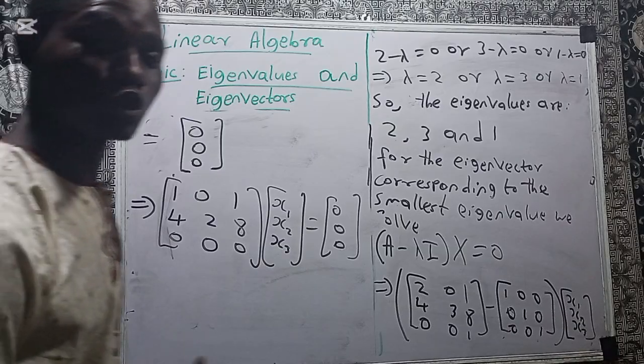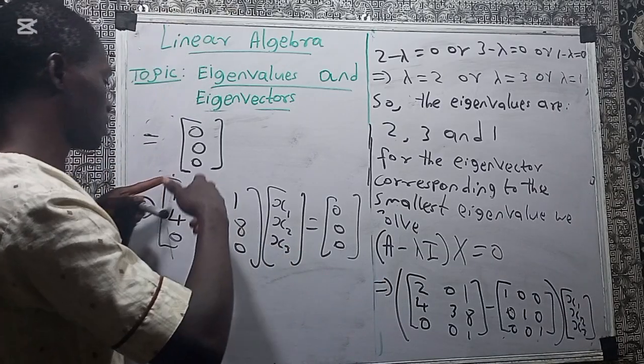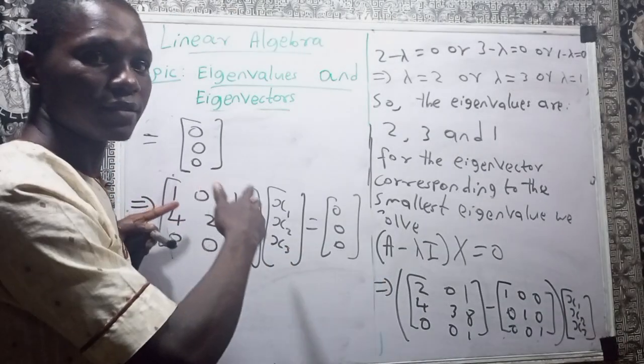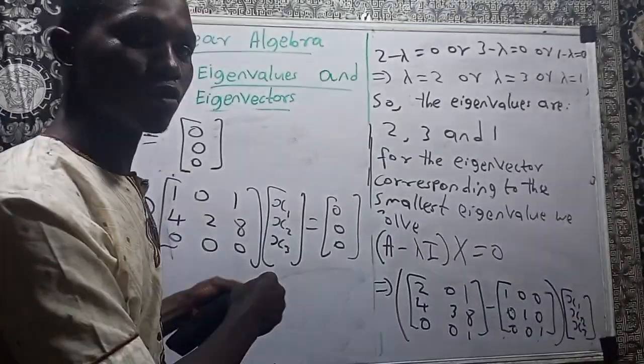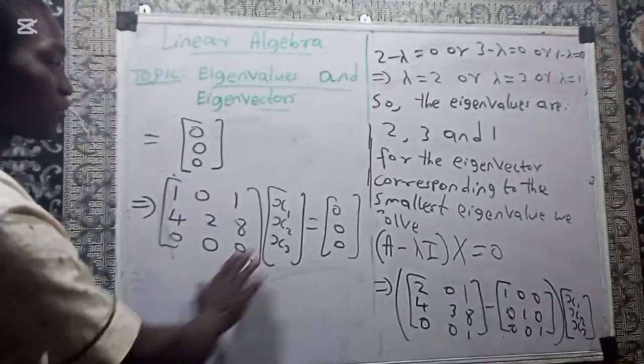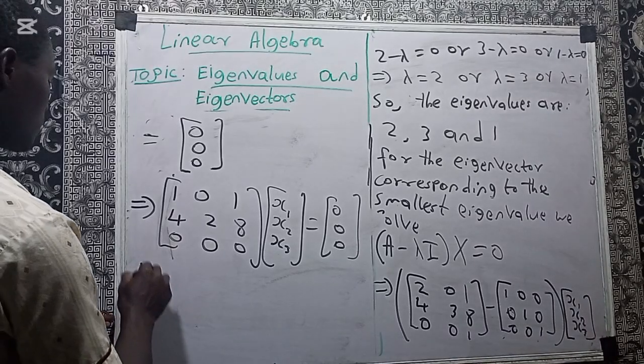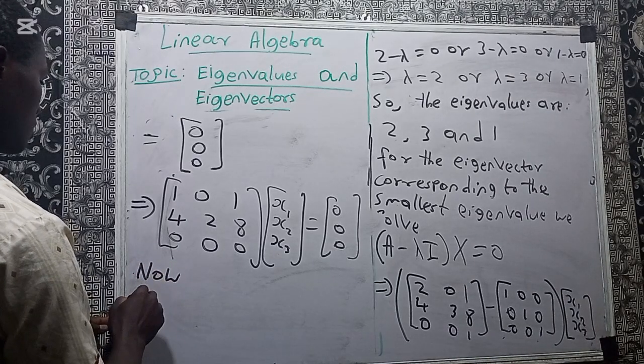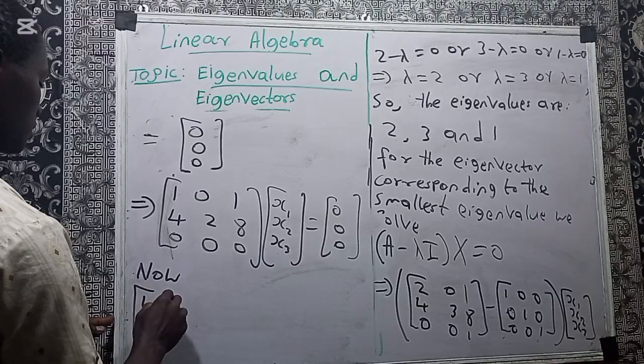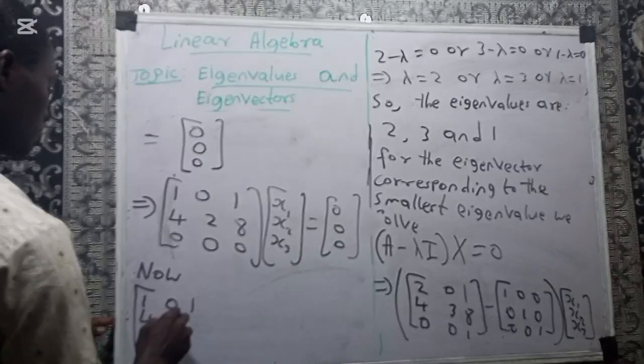So the next thing we are going to do is reduce this matrix using row operations, so that we can solve this equation. So for us to solve this equation, we will reduce the matrix. Now, our matrix, let's write it down and reduce it.